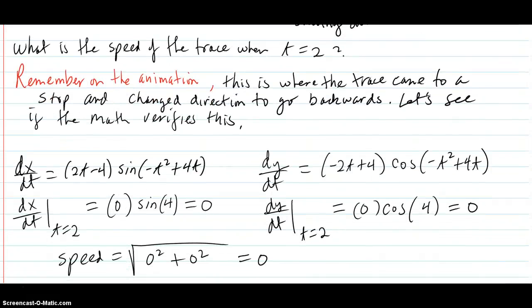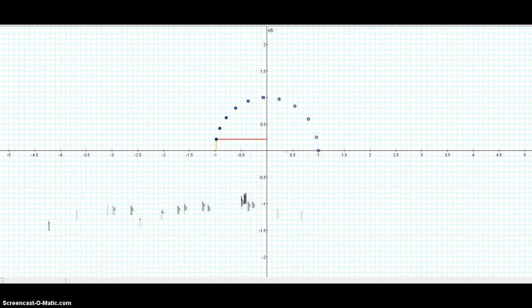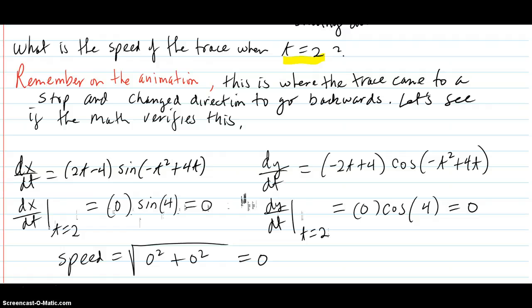Then we have, what is the speed of the trace when t equals 2? So on the animation, that's when the trace came to a stop and turned around and went backwards. Let's see that again. Alright, here's your animation again. Let's watch what happens when you get to t equals 2. It slows down, stops momentarily to go backwards. So let's see if the math verifies that.